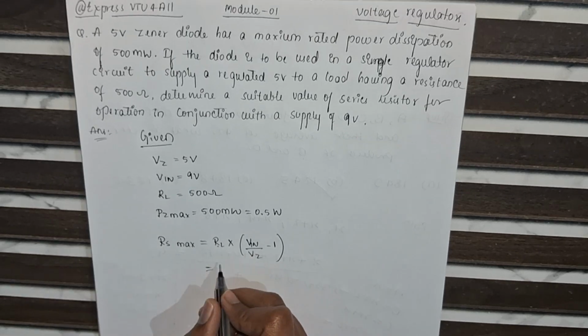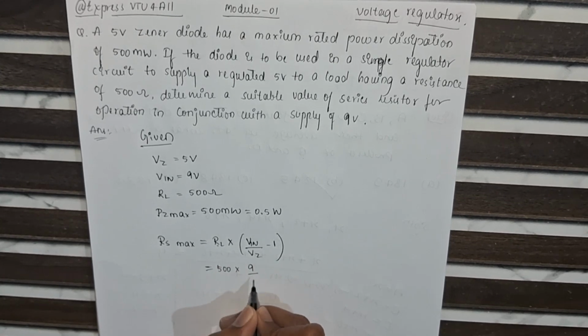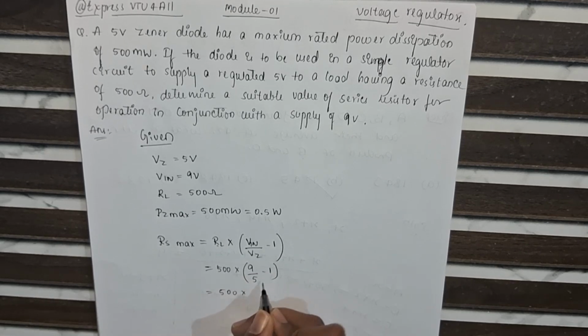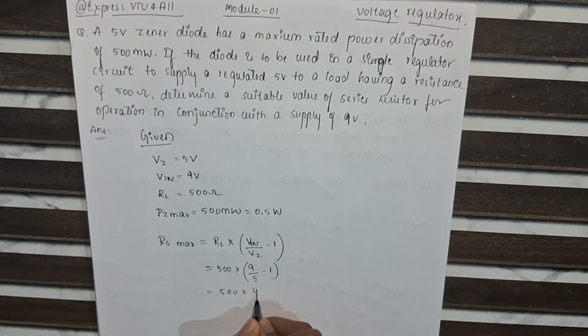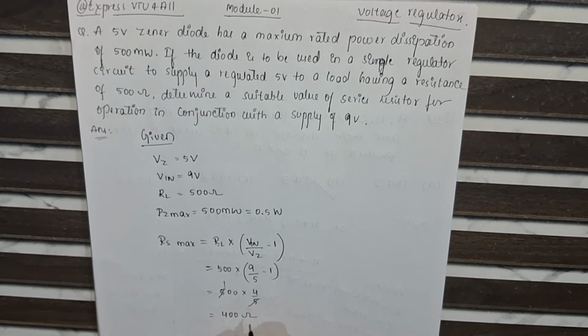The load resistance value is 500, input voltage is 9, Zener voltage is 5, minus 1. By doing the fraction operation here, you will get 4 by 5, minus 1. So you will have 400 ohm as the answer.